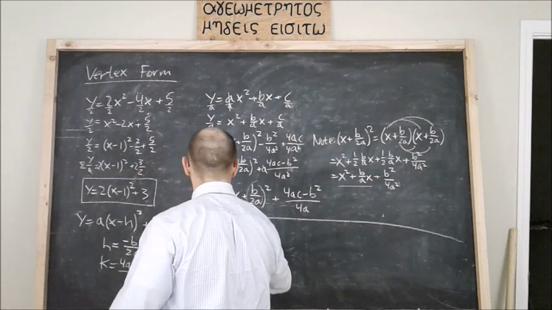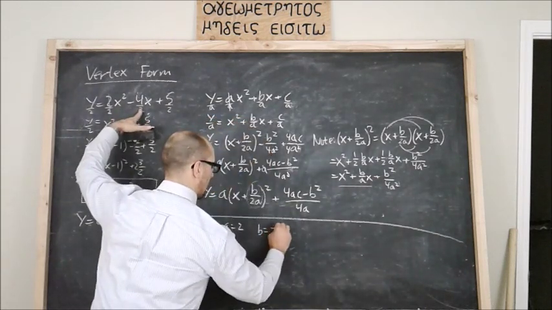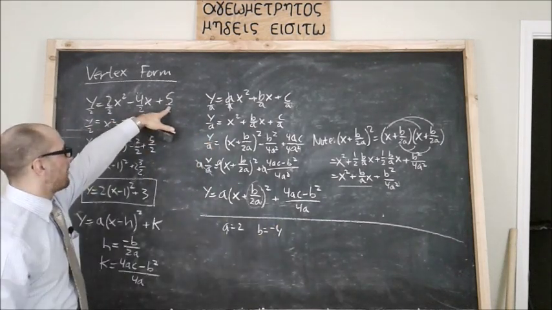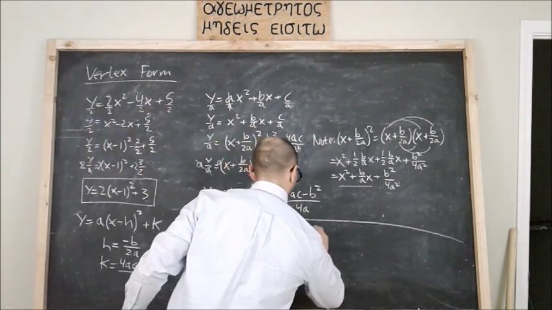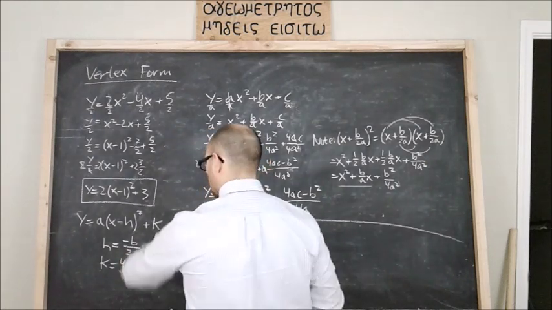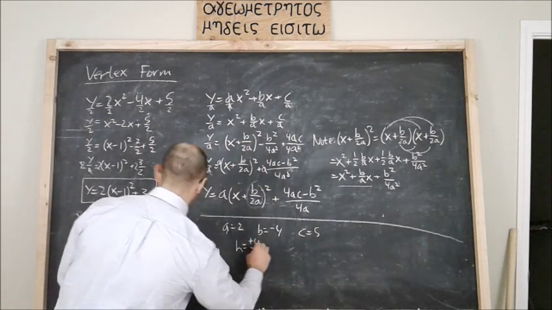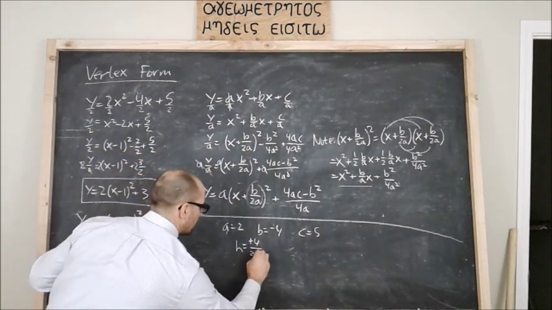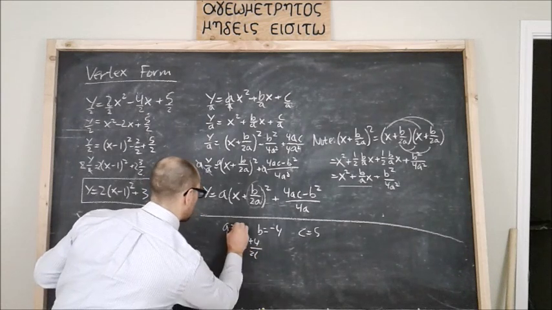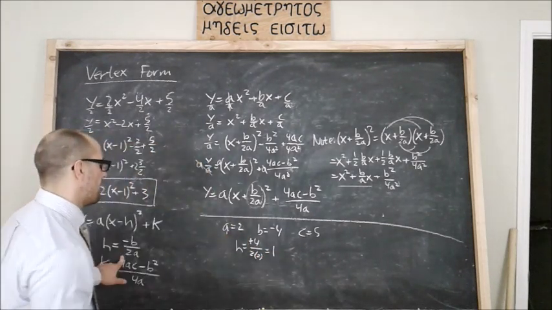So A is 2, B is -4, and C is +5. So plug it into here. H equals -B, so that's going to be a +4 divided by 2 times A. 2 times 2, 4 divided by 4 is 1.